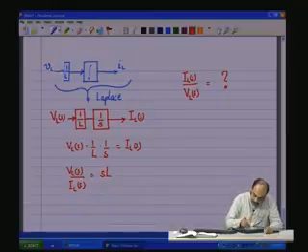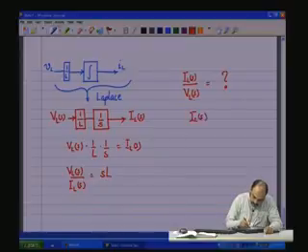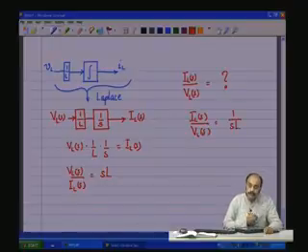Or if we put it in this form here, IL(S) by VL(S) equals 1/SL.